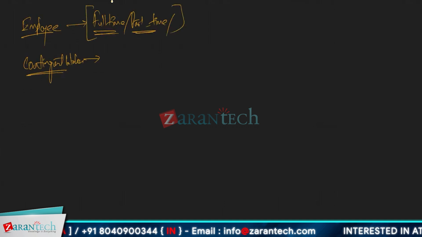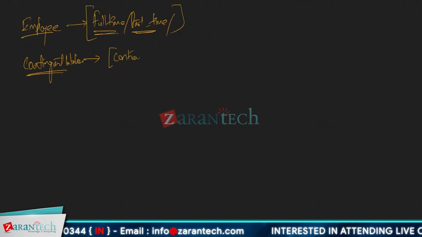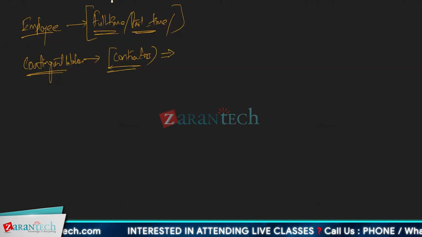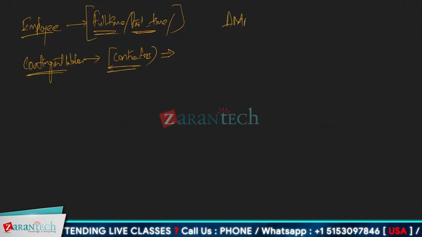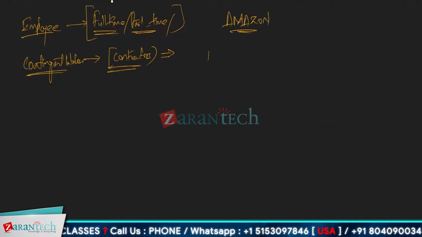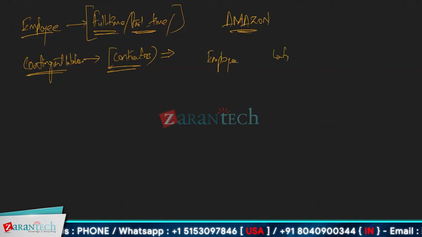Whereas you will have contingent workers. These are like contractors. A contractor is an employee from outside, like an expert consultant. This person will not be part of the organization. Let's take Amazon for example. There are two workers: there is this employee, and then there is this contingent worker.